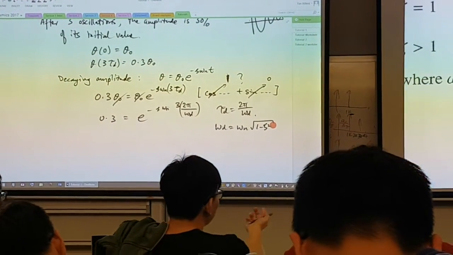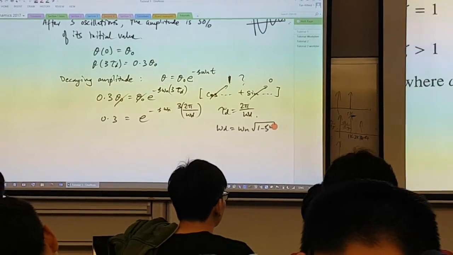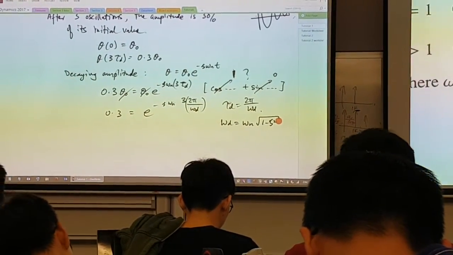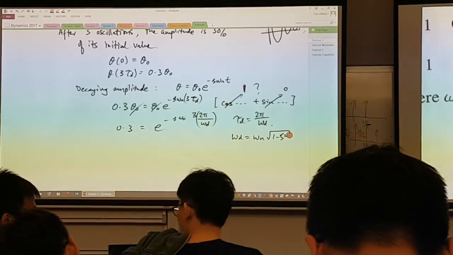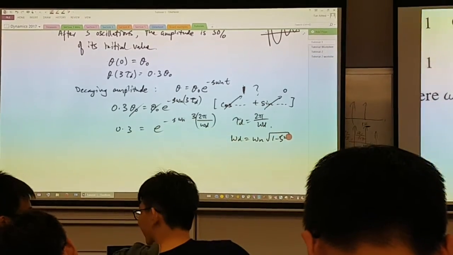Yeah, omega d equals omega n square root 1 minus zeta squared. That's why I want you to know your data sheet very well and understand which question refers to which part of your data sheet.